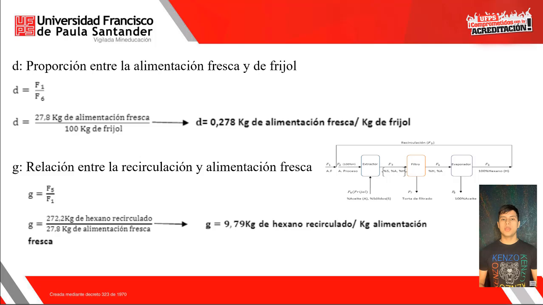We find the ratio between fresh and bean feed, D equals F1 over F6 seeds. Replacing data and solving gave us a result. D equals 0.1278 kilograms of fresh feed over kilograms of beans.